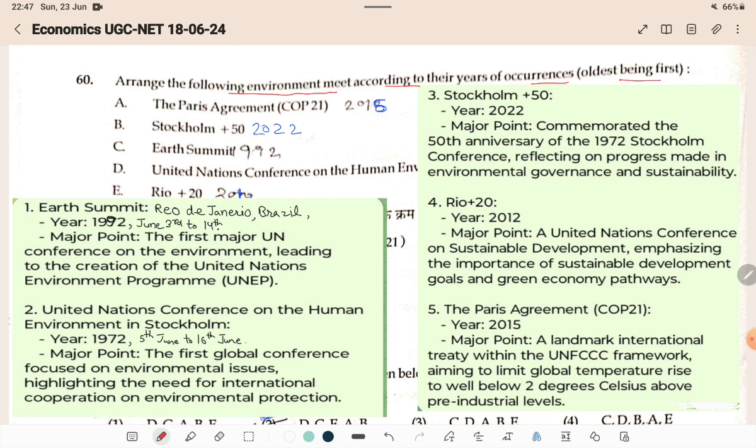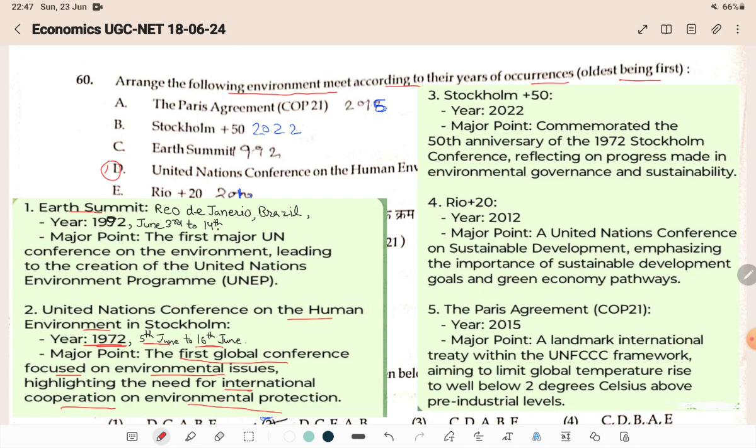So first will be the United Nations Conference on the Human Environment in Stockholm, year 1972, 5th June to 16th June. The major point was that it was the first global conference focused on environmental issues, highlighting the need for international cooperation on environmental protection.